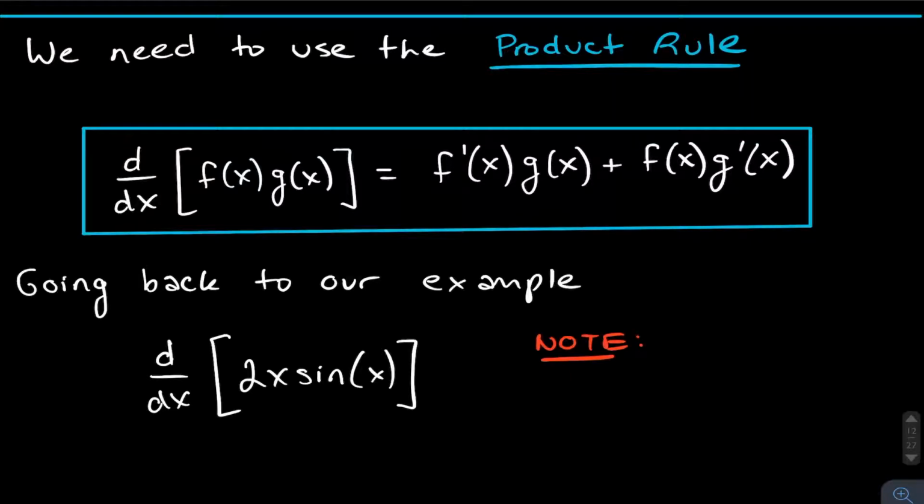The order doesn't matter because of the commutative property, but it's nice to do it in this order because that's going to matter for the quotient rule. So going back to our example, let's point out which is f of x and which is g of x.